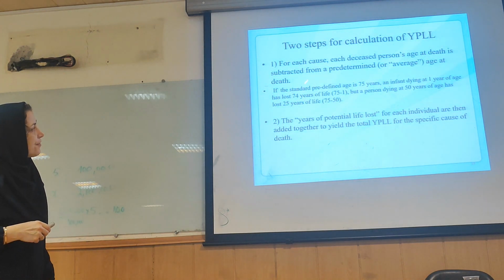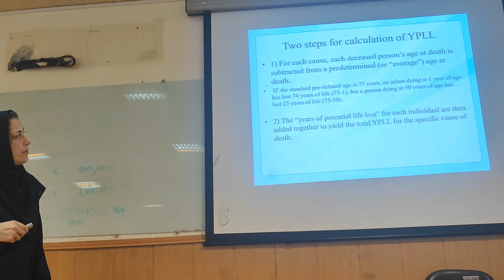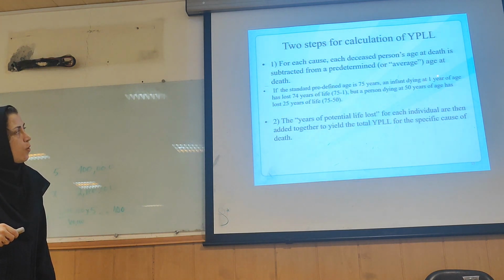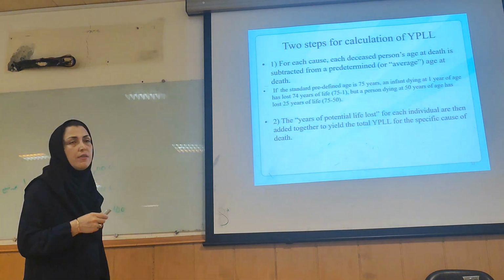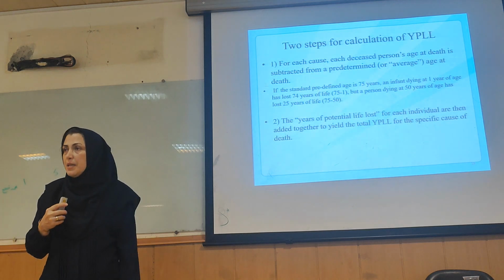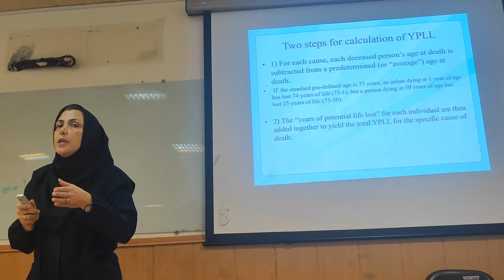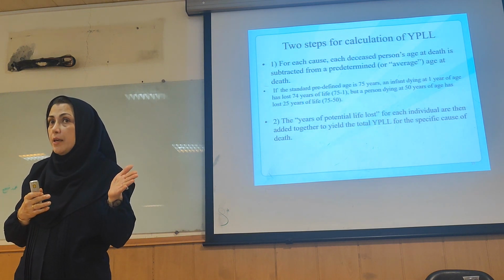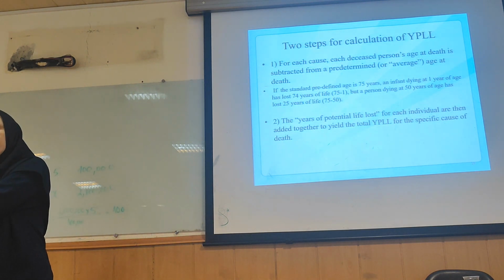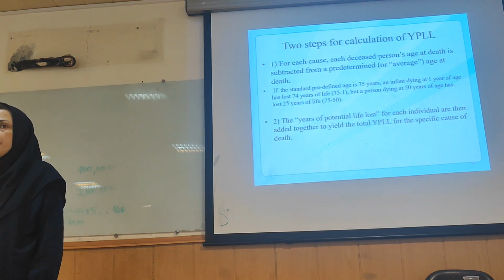So, if the standard predefined age is 75, an infant dying at 1 year of age has lost 75 minus 1, it means 74 years of life. Okay? It means that if he or she hadn't died, he would have lived at least 74 years after that death.